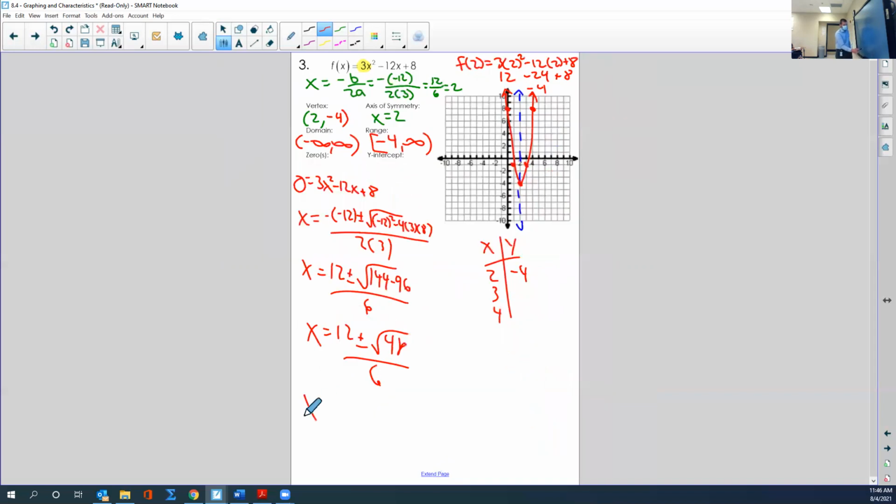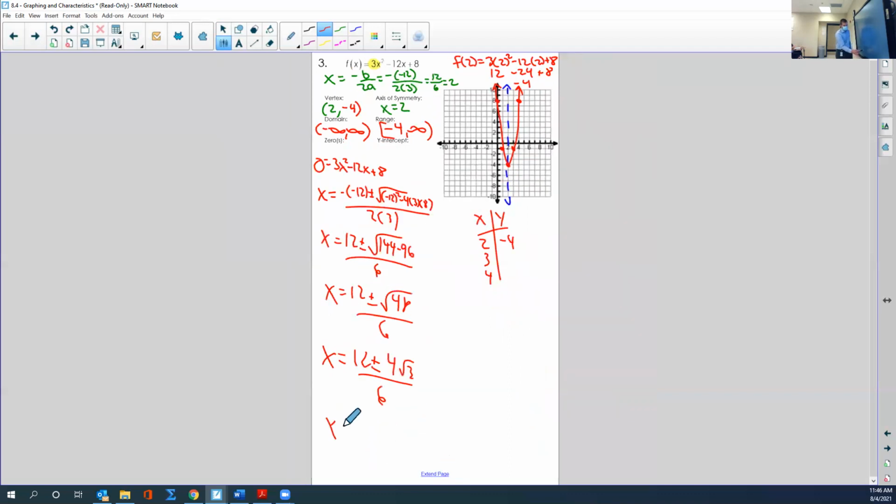So we're going to get 12 plus or minus 48. We take a 16 out. We can say our zeros are that. Not the nicest of numbers, but that's where solving comes into play. We do really need to make sure that we understand that.